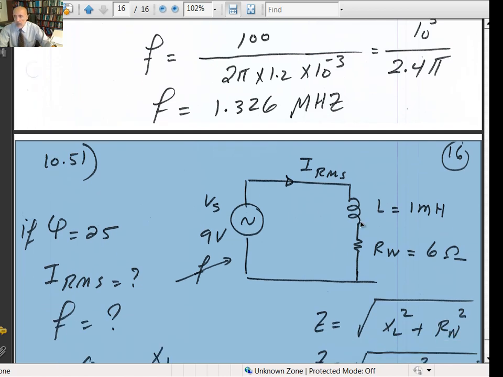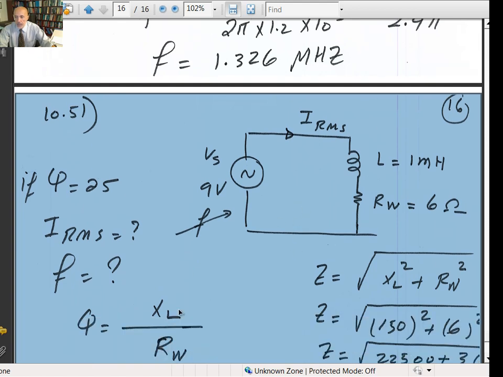They give you the inductance value, 1 millihenry, and the resistance of the winding is 6 ohms. They want you to calculate the frequency and the RMS value of the current if the quality factor is equal to 25.